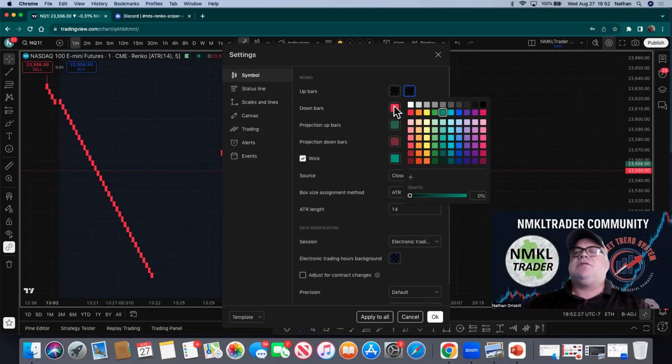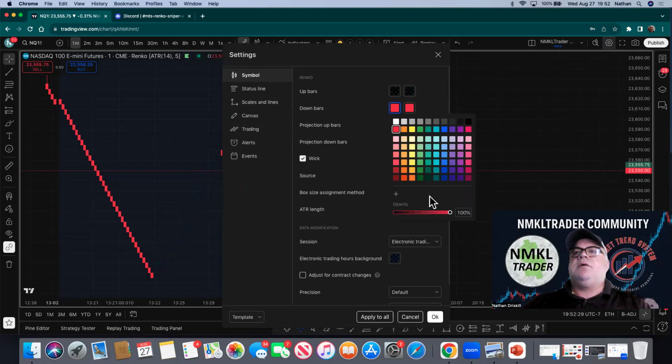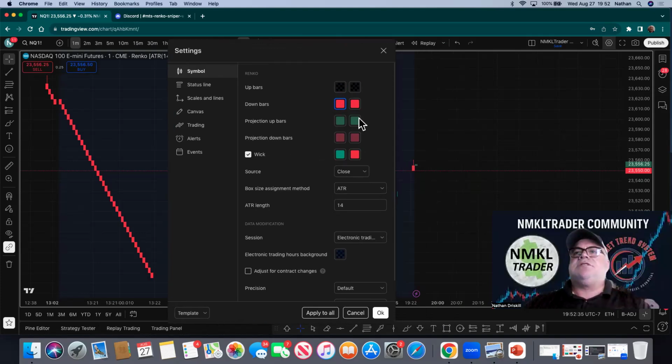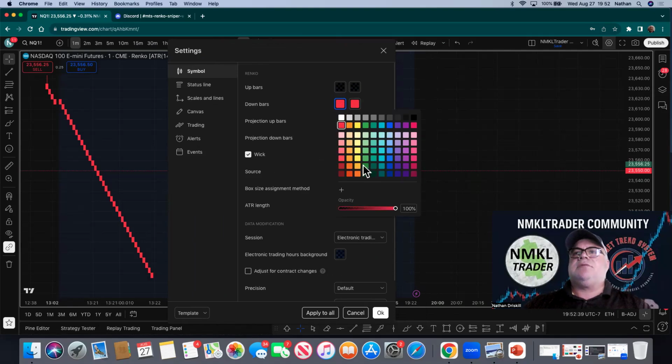What this is going to do is make your bars disappear. Don't worry, it's no big deal. Now I want to set the opacity on this one to 0 as well.